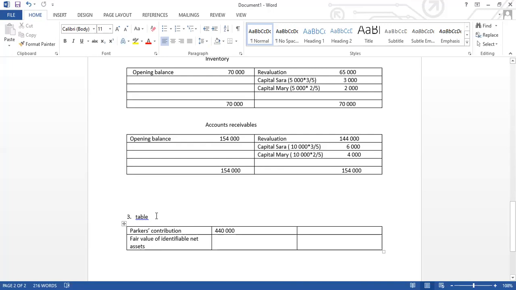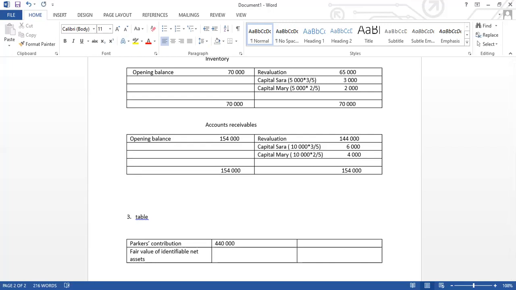Okay. Let me just write down the formula quick before we move on with the table that we started.